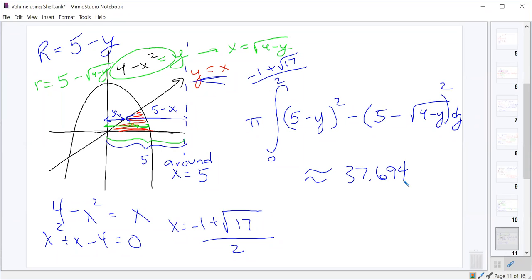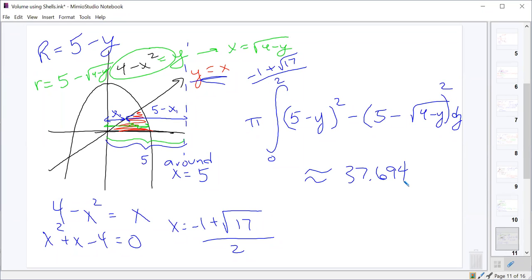Anybody have any questions on this? No. Oh. I screwed that up, didn't I? That's the wrong intersection point.